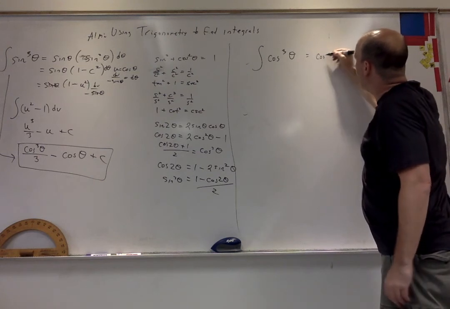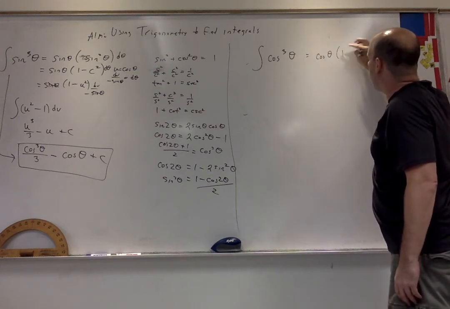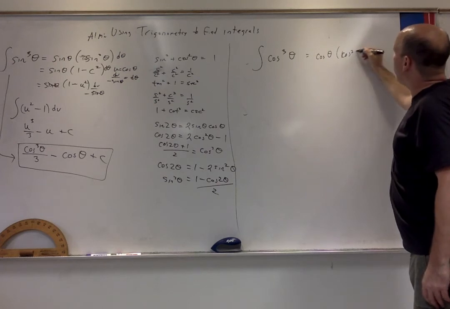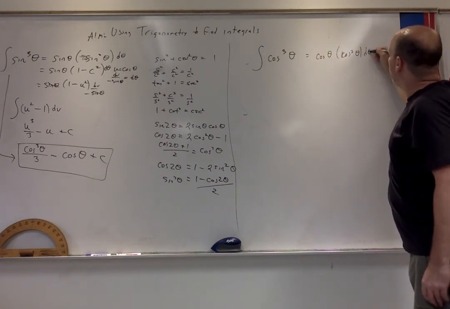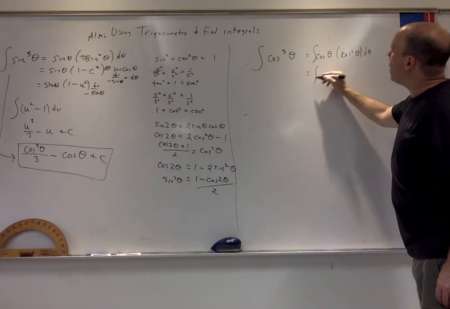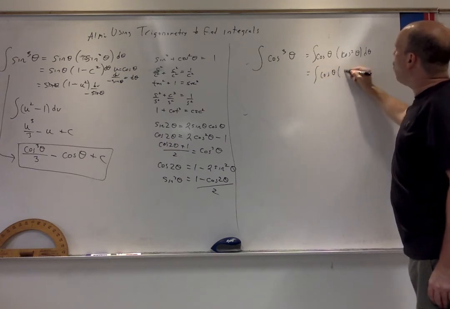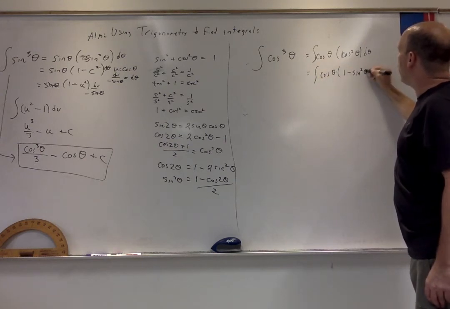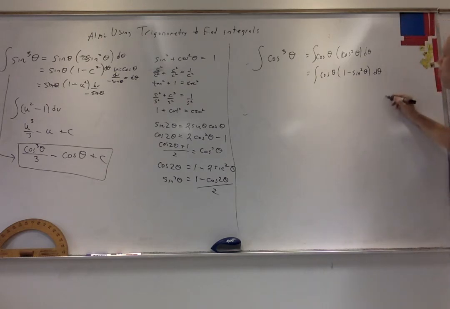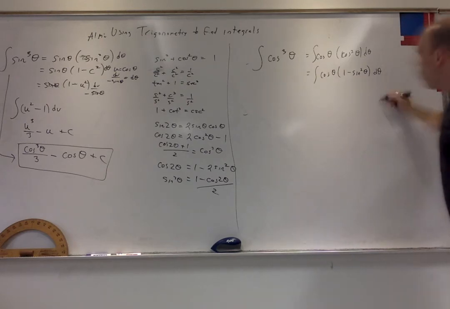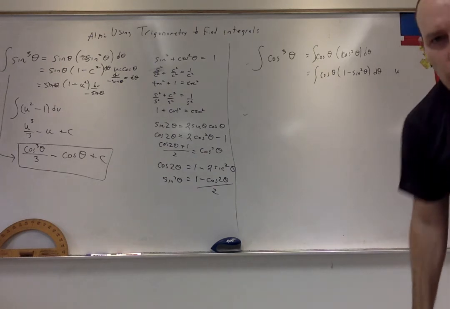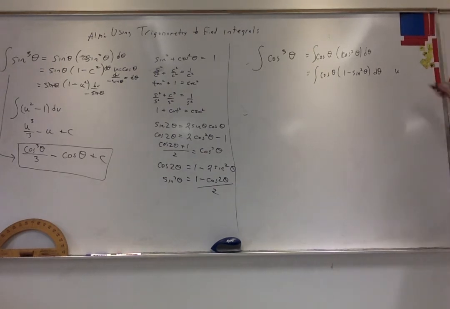Pull out a cosine theta, leaving us with the cosine squared theta, d theta. And so we have the integral of cosine theta times 1 minus sine squared theta, d theta. We're going to let u equal sine theta. So du over cosine theta equals d theta, and we can make our substitution.